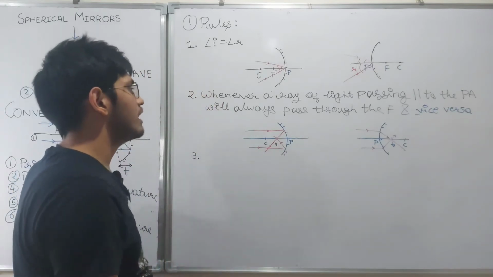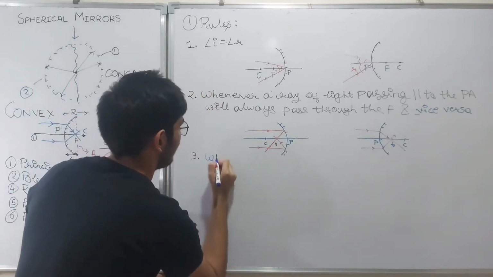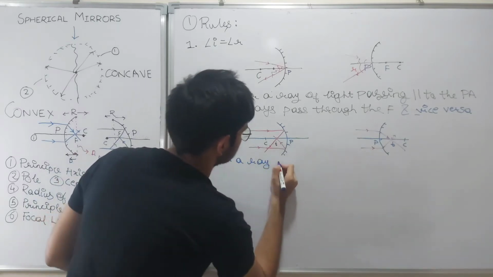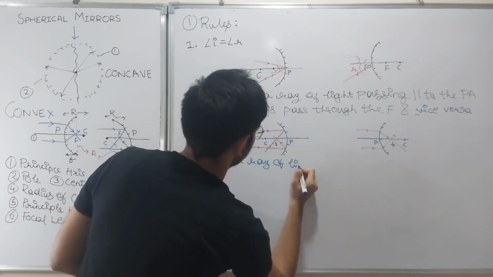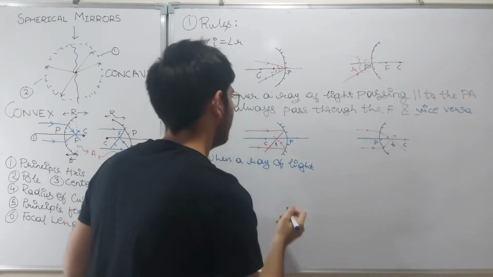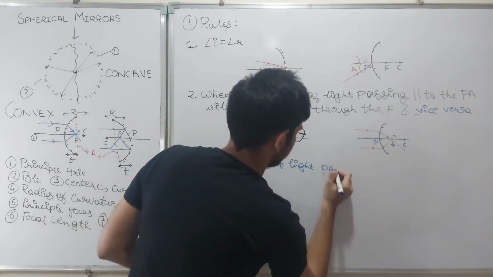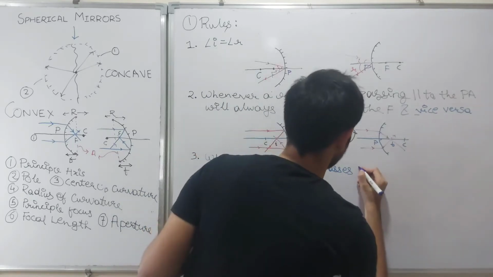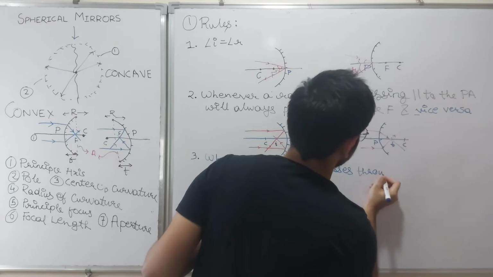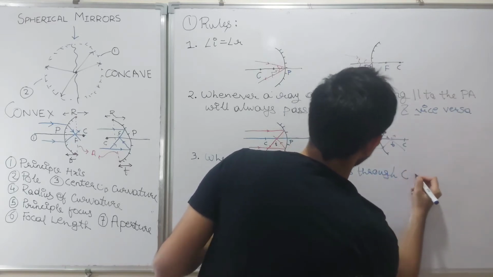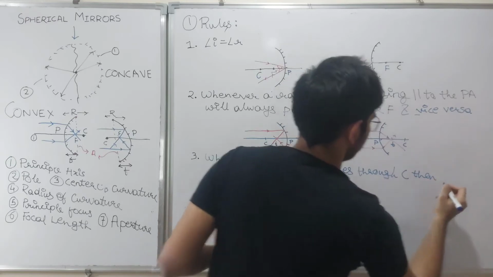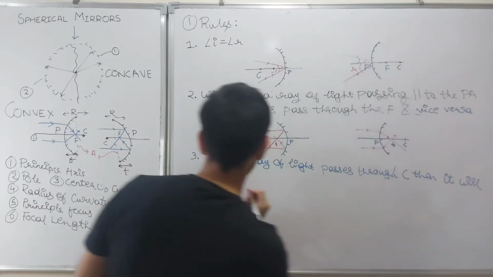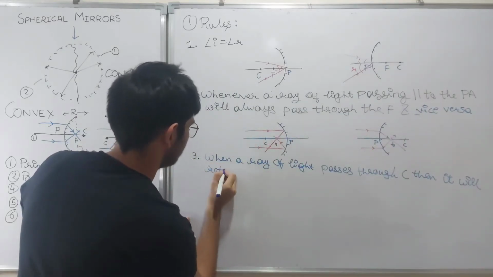After this, the third point, again I am just writing: when a ray of light passes through the center of curvature, then it will retrace its path back.